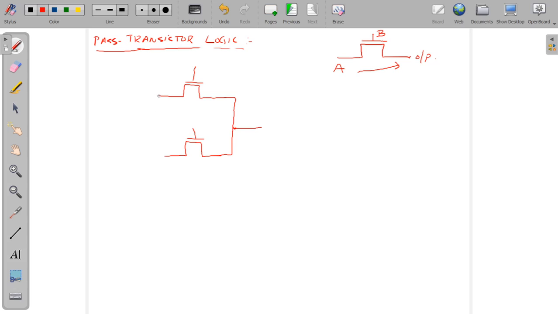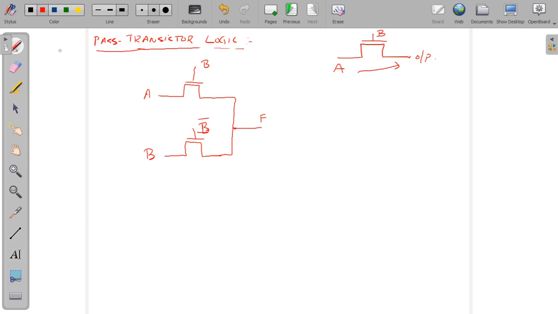Let's say this is some input A, this is some input B, and this is B bar. B bar means the inverted form of B, that is, not of B. And this is some output, let's say Y or F, and we will try to establish what this structure is actually performing.